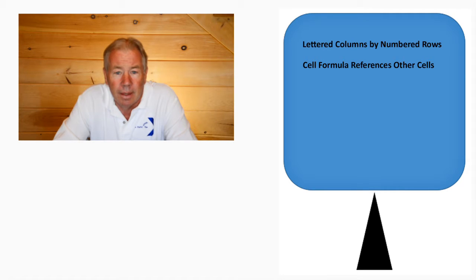Next, the real power of spreadsheets comes in the ability to enter a formula into a cell that references the values in other cells. Pure magic. For example, C2 might be equal to C5 times D4 minus E6. Great stuff.